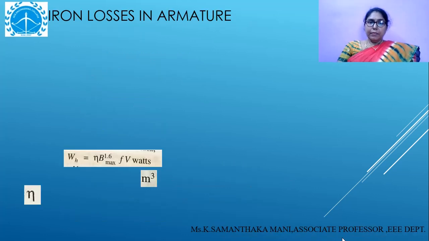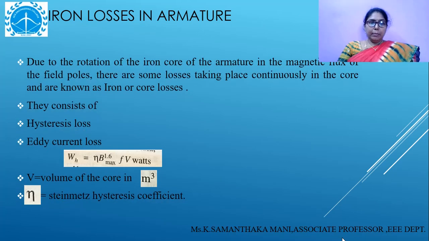And still we can see how these losses are categorized. As I mentioned earlier, due to the rotation of the iron core of the armature in the magnetic flux of the field poles, there are some losses taking place continuously in the core, known as iron losses, also termed core losses. They consist of hysteresis and eddy current losses.